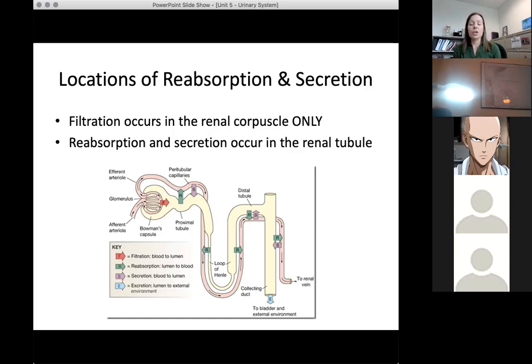Reabsorption occurs along the entire section of the renal tubule, but especially in the PCT, which is that very first section here. Substances can be reabsorbed through either passive or active transport. Active transport requires energy. Passive transport does not.